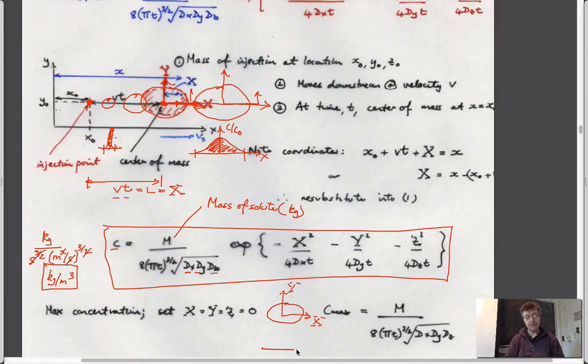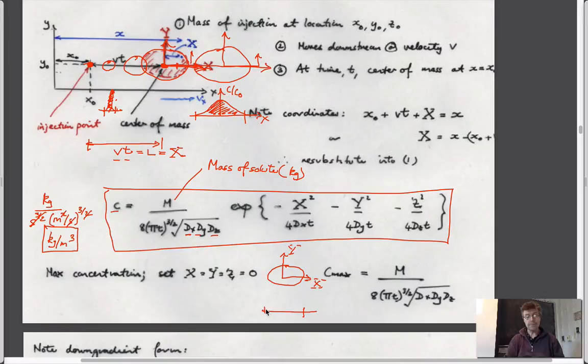And if you draw it in terms of concentration, as we tried to draw it before, you'd imagine that the maximum concentration indeed would be in the center, where if this is the value of the x coordinate, this by definition is 0. So if you put x and y and z equal to 0, this exponential becomes 1, and then the concentration at the middle point, which would be the maximum one just by looking at it, is going to be this value here. So that's all this is. So it's kind of logical.